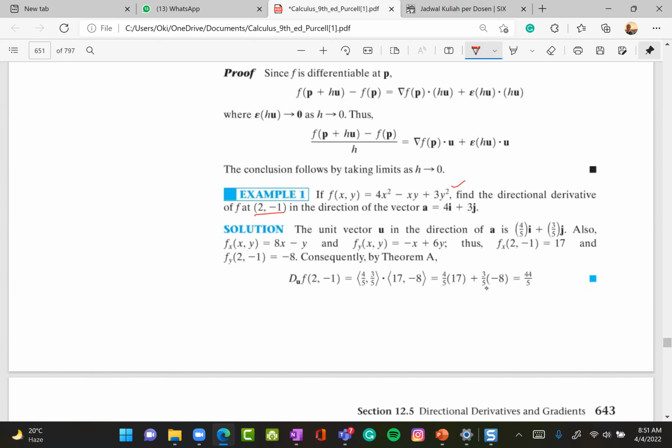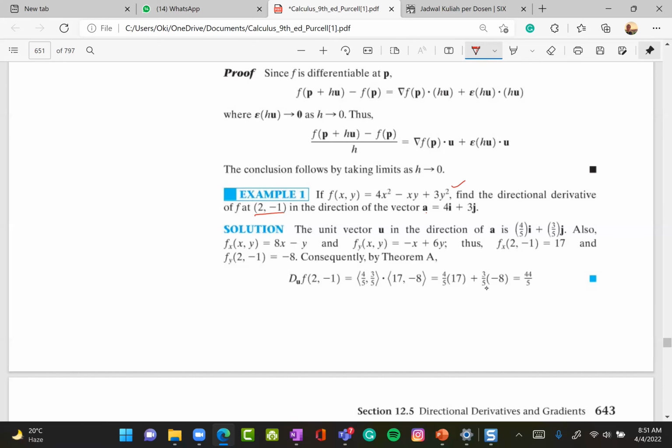Okay, but first, normalize vector a as a directional vector, because a directional vector should be normal, has length 1. This has length 5. Okay, so divide by its length. So u is in direction a. The unit vector is divided by 5, so it is 4/5 and 3/5. So this is our directional derivative, sorry, direction u.